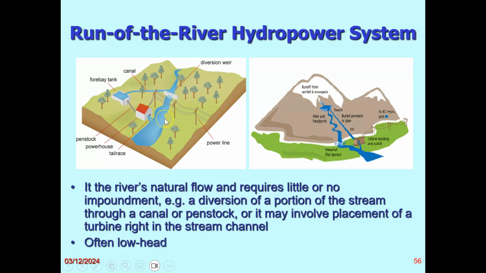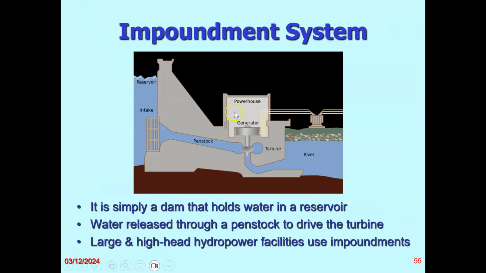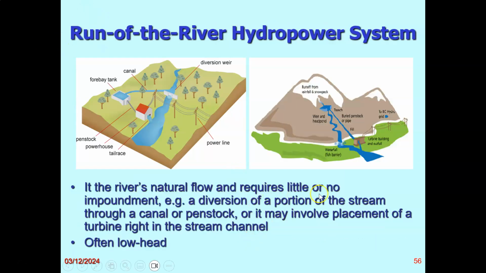So this diversion introduces a lower impact on your system, and the difference with respect to the previous application is that it requires a smaller dam, in some cases, as in this case. The diversion is just a smaller part of your stream, so the impact on your system is lower.